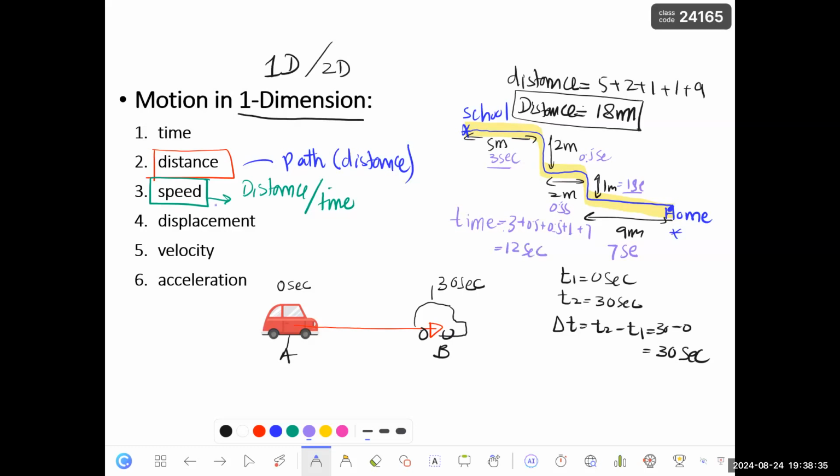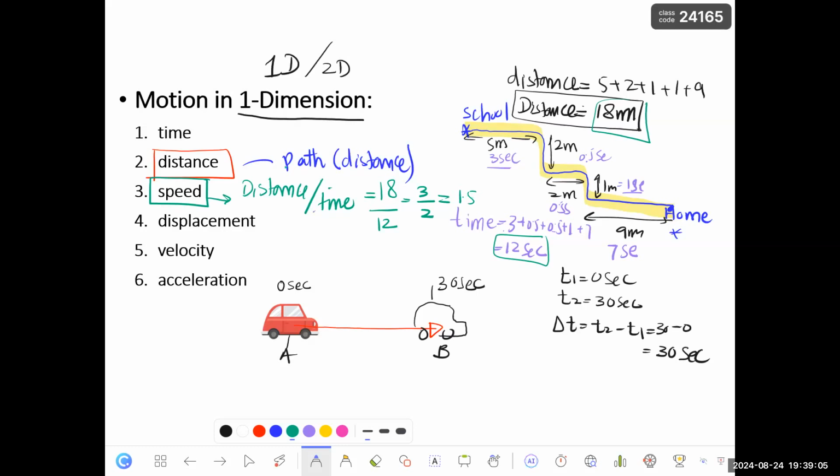So what is the speed? Speed is nothing but distance over time. So you can simply say here, distance is equal to 18 and time is equal to 12. And if you divide it, it's going to be 3 over 2, or you can say it's 1.5.